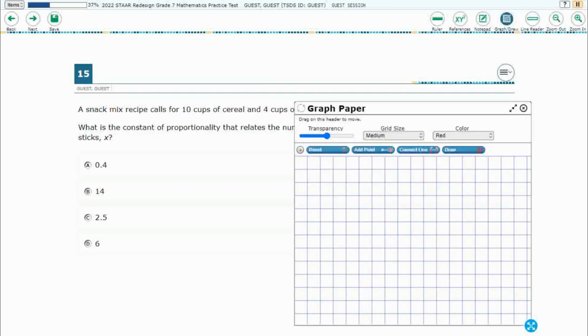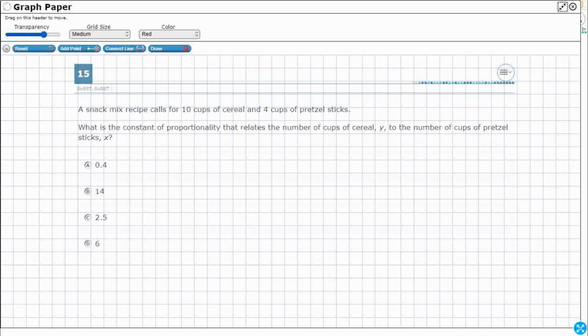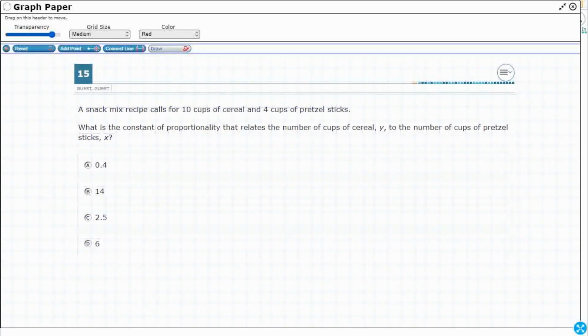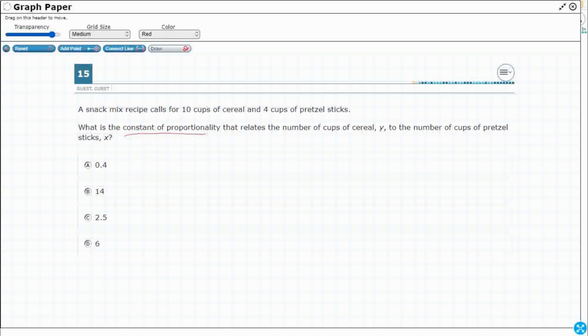So we're going to need that, k equals y over x. Let's open up our graph draw feature, and we'll go ahead and just take this right here. Constant of proportionality, and it says k equals y over x. So what does that mean?